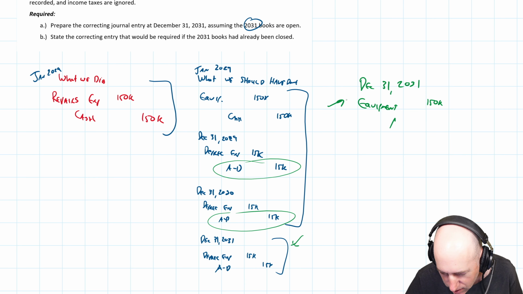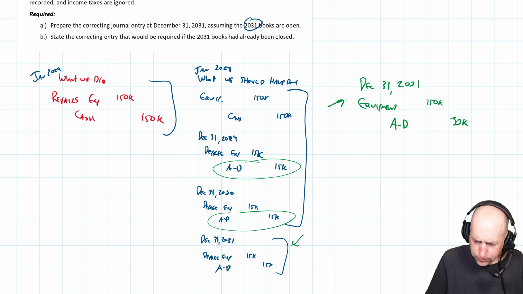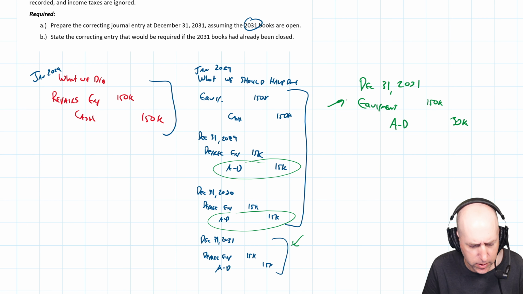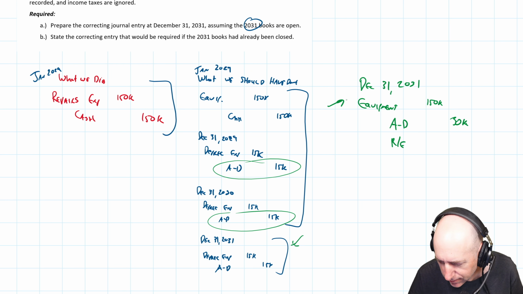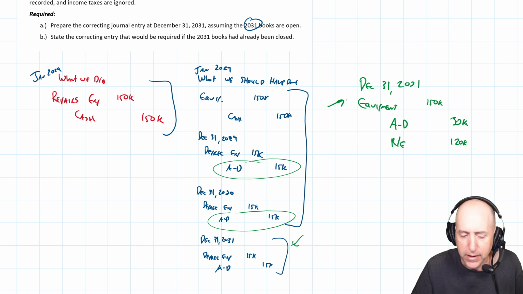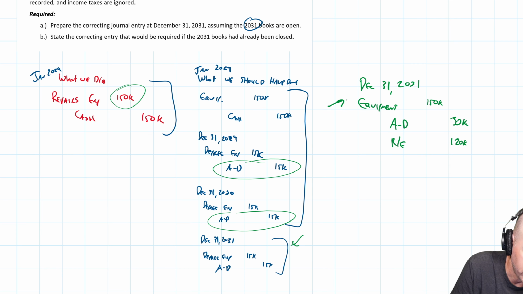So let's put the AD on the books because we need the AD, and it's $30K of AD up to the opening of this year. Now, what of the other $120K? And the answer is retained earnings. Credit retained earnings for $120K. Now, why credit retained earnings for $120K? Well, we debited an expense for $150K.